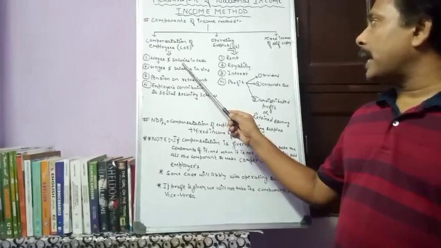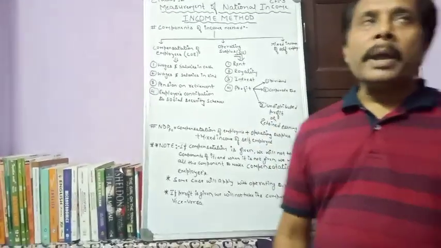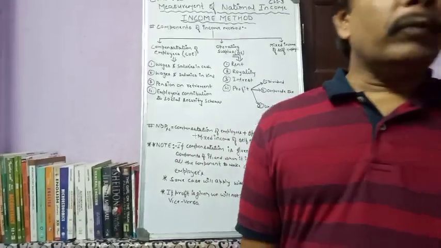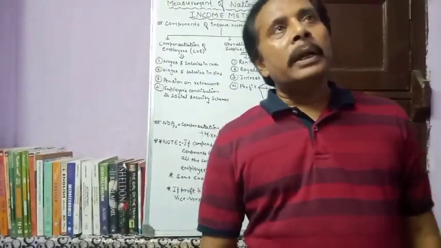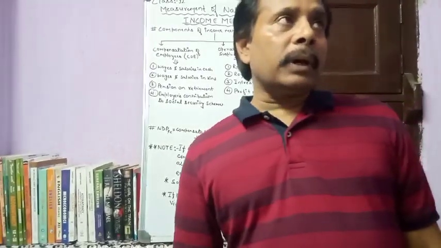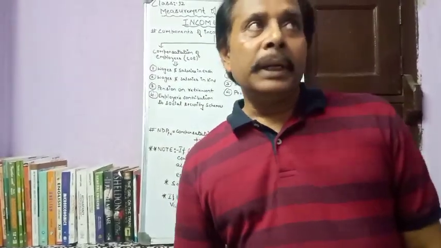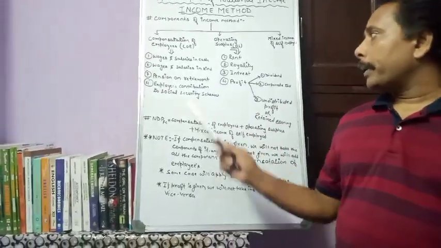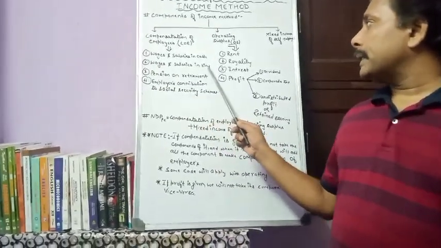First, wages and salaries in cash. Every employer provides wages and salaries to their employees. It may be in terms of commission, it may be in terms of salaries, and so on. Second, wages and salaries in kind.